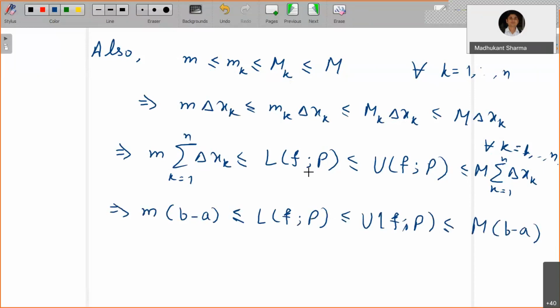So for any partition P, this will always be true. Whatever partition you take, L(f,P) is always greater than or equal to m times (b minus a), and certainly less than or equal to capital M times (b minus a). Similarly for the case of U(f,P).